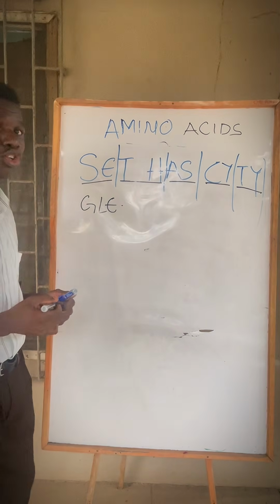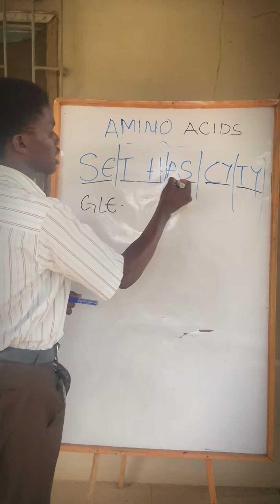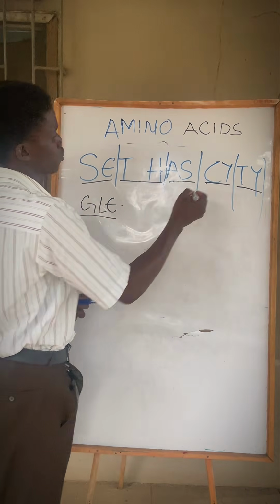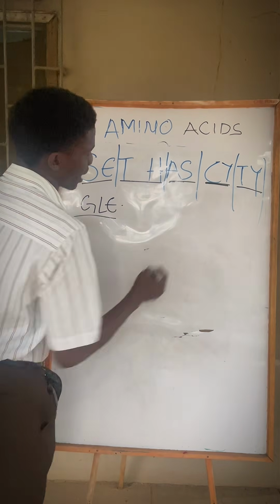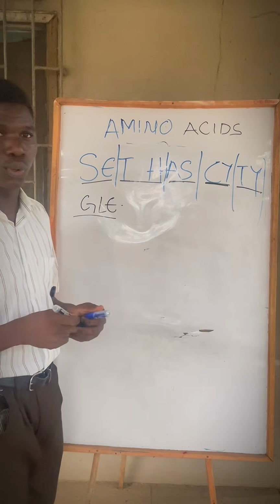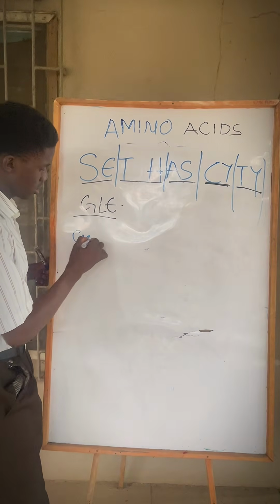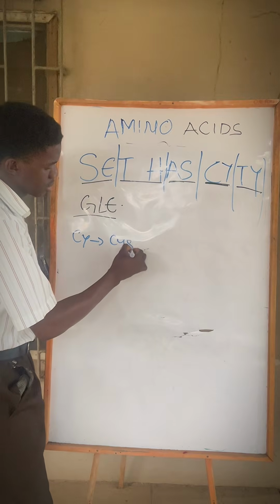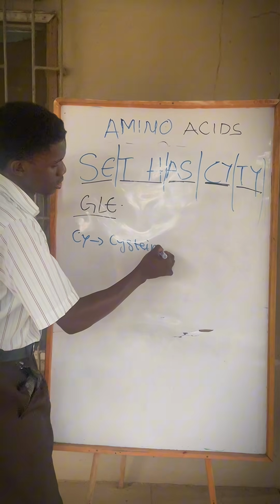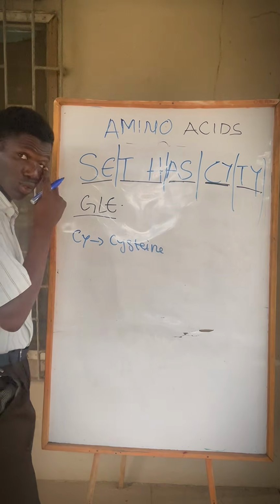Now, before I move to the structure of asparagine and glutamine, let me just draw the structure of CY and TY. Your CY is cysteine. So how do you draw the structure?